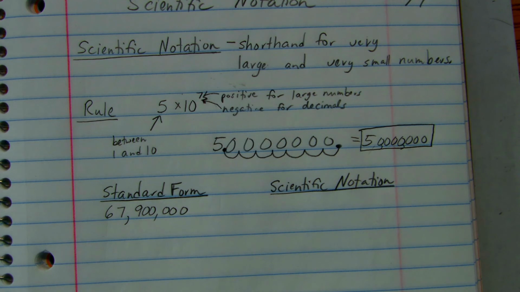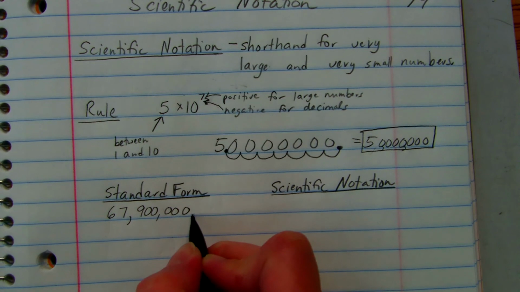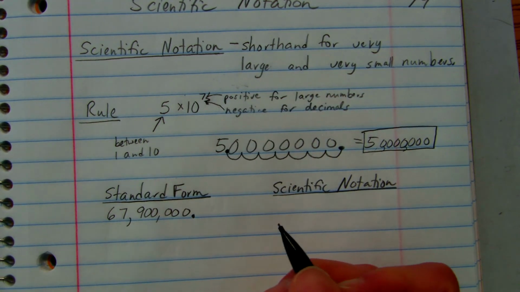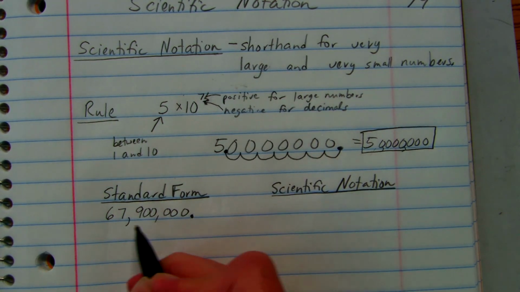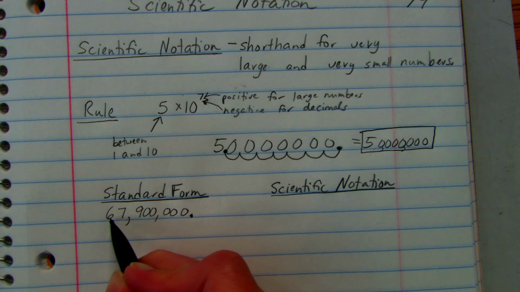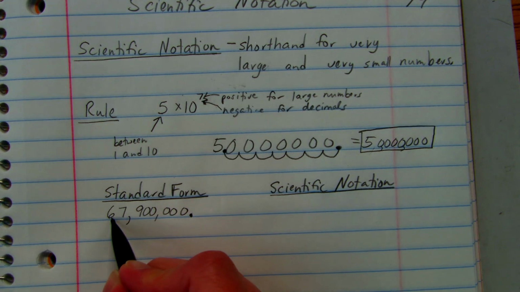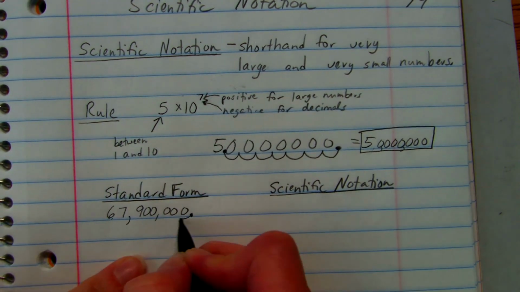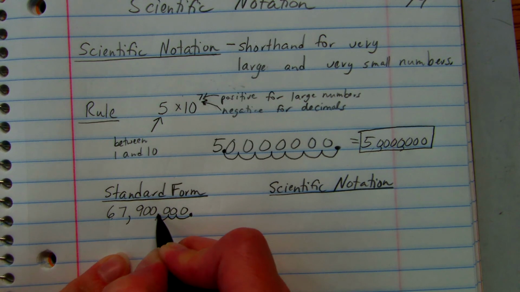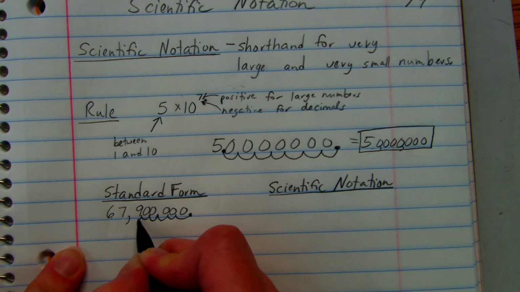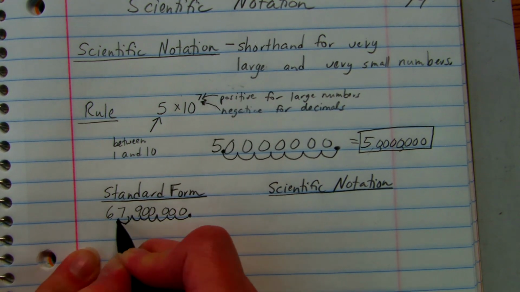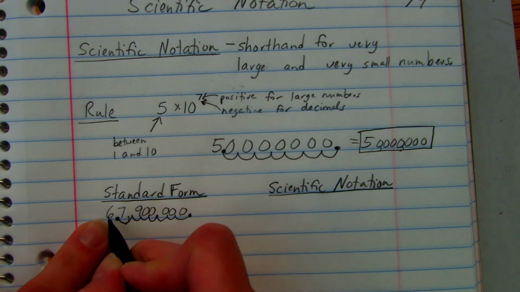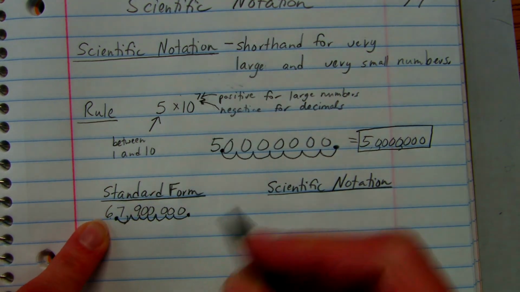So write down 67,900,000. When we're writing this in scientific notation, you start the decimal at the end of your whole number, and we figure out how many jumps it's going to take so that there's just one number left to the left of the decimal point. That's how you get it between 1 and 10. So we jump 1, 2, 3, 4, 5, 6, 7 places, and I want to leave one number to the left.